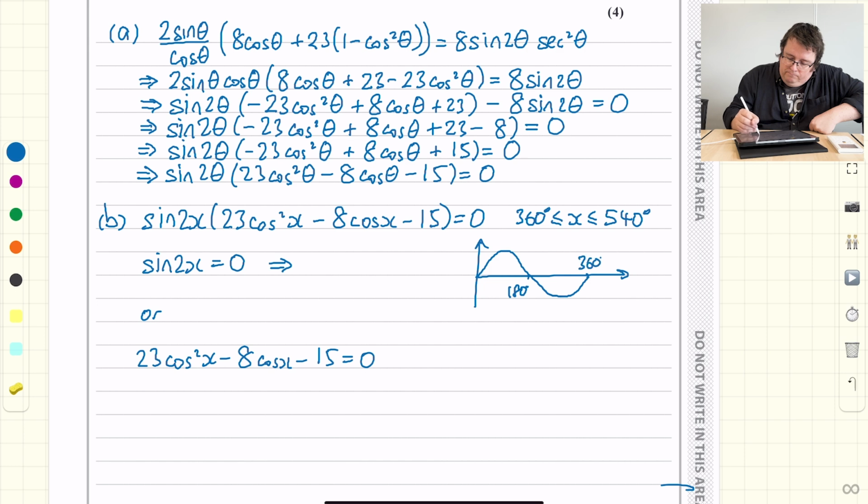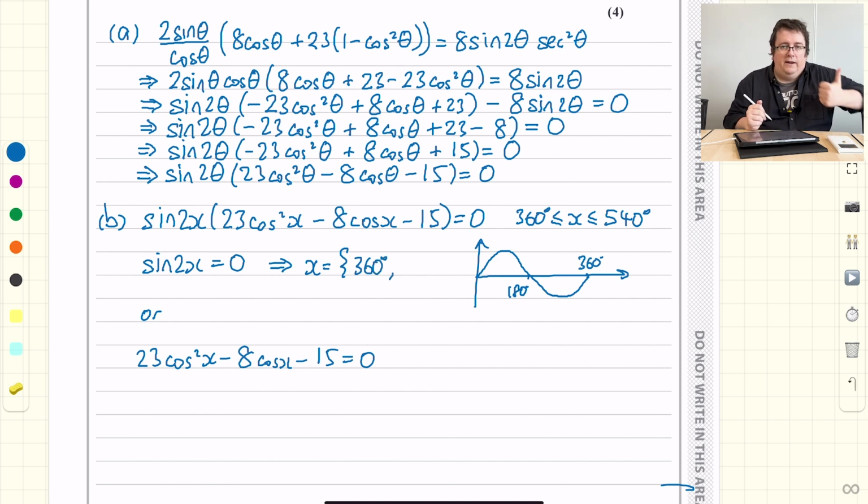Okay, so that means that sine 2x has solutions 0, 90, 180, 270, 360, etc. Okay, so x is equal to 360, definitely, plus, so it's going to have a solution every 90 degrees.